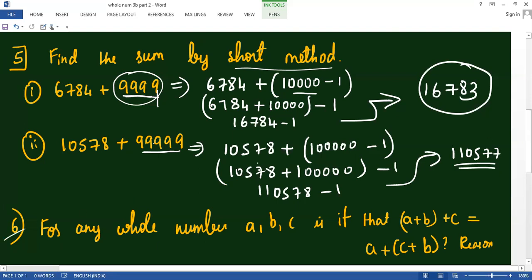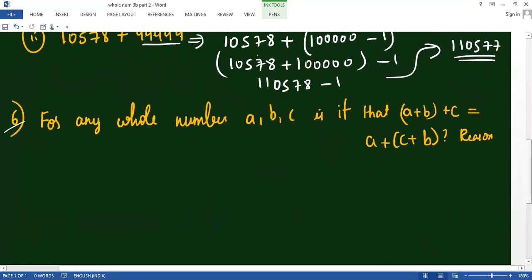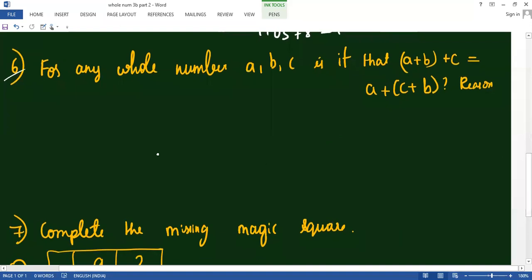Coming to the sixth question. For any whole numbers A, B, C, A plus B plus C is equal to A plus C plus B, give reason.